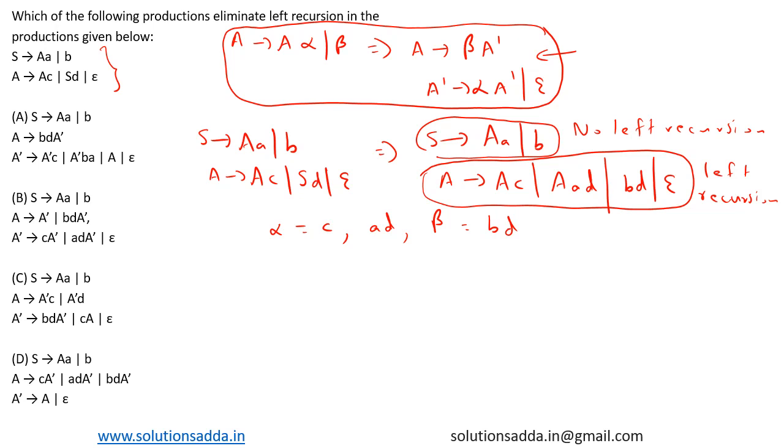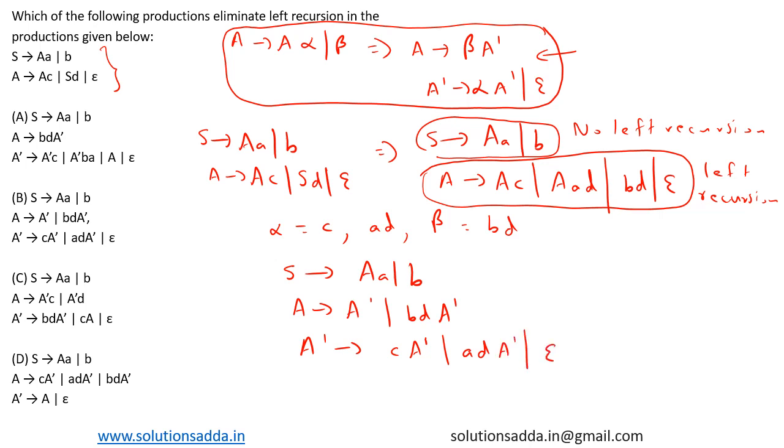Now based on this solving, we will get S derives AA or B, then A derives BD A dash, and A dash derives C A dash or AD A dash or epsilon. So this is the grammar after removing the left recursion.